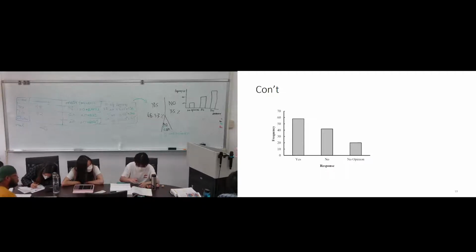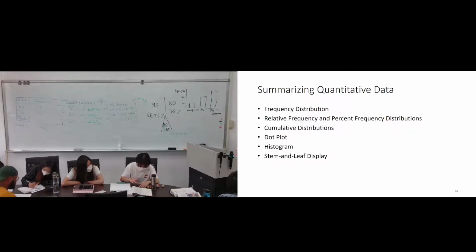Okay. Now, let's see how to summarize the quantitative data. We usually use the frequency distribution, that's also the table summary, the relative frequency and percent frequency distributions, and also the cumulative distributions.